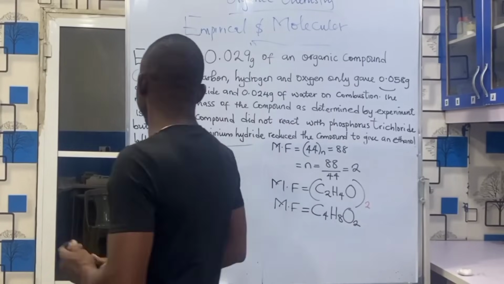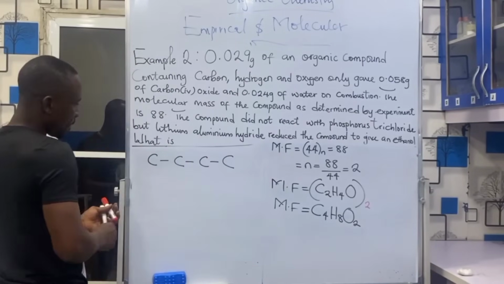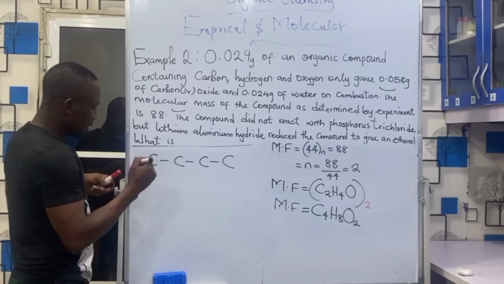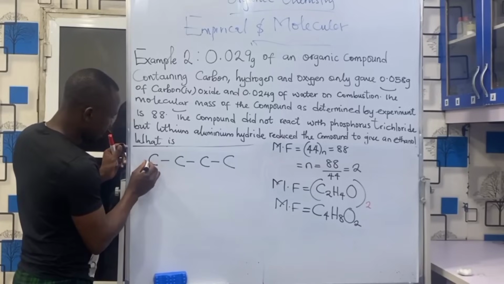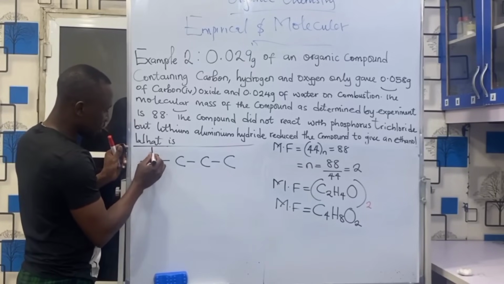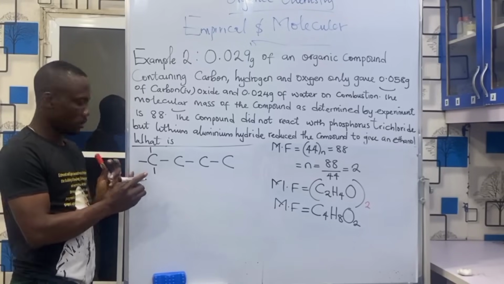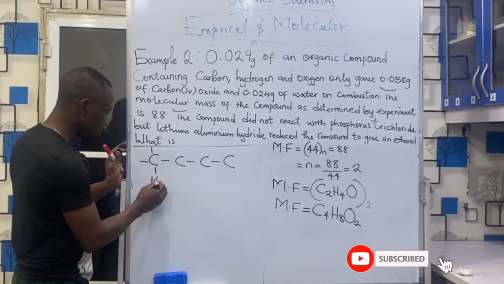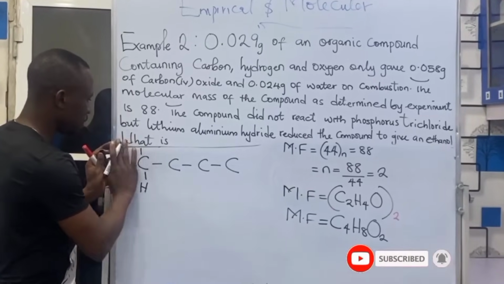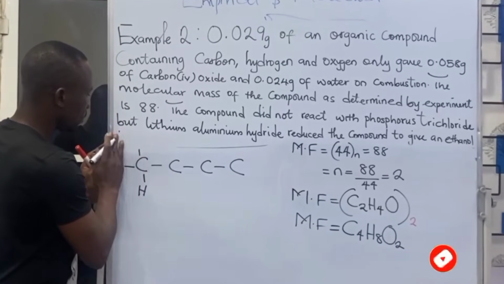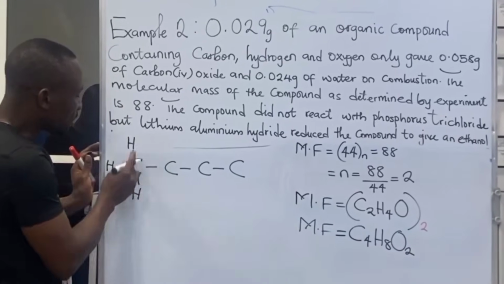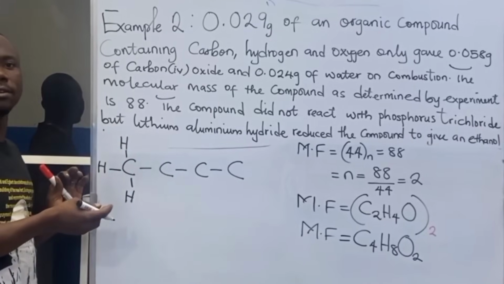If we understood that properly, it means this carbon here and this carbon here share 4 bonds. One of the bonds we share with hydrogen, another one with hydrogen, another one with hydrogen. So this carbon already is saturated.